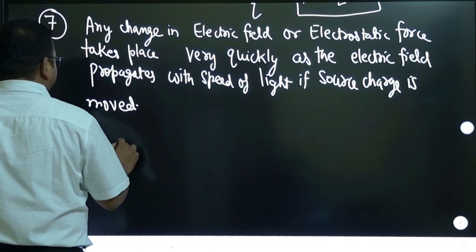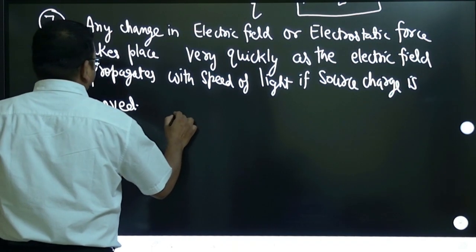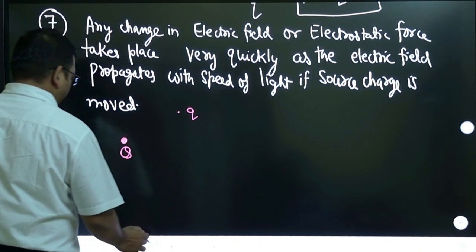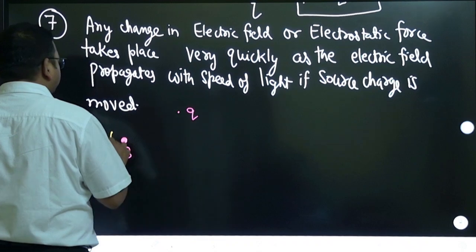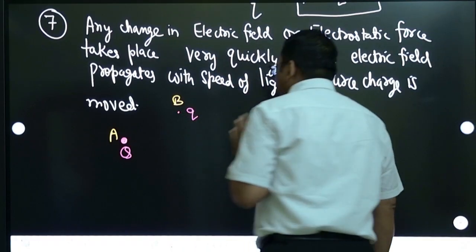Okay, so suppose this is the source charge, capital Q, and this is a test charge, and let us take that this position is A and this position is B. So right now some force is acting here.